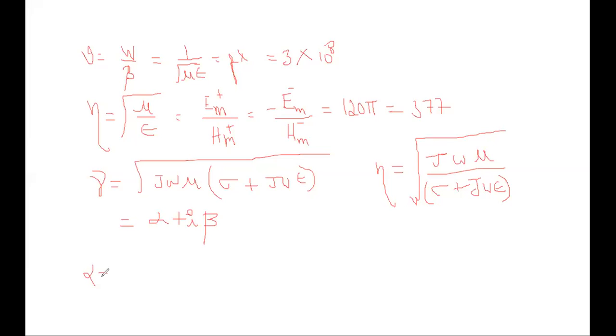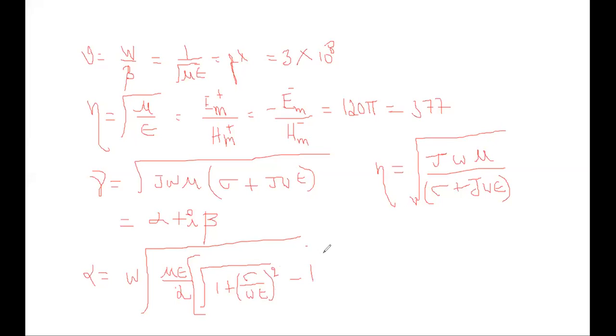In that, alpha is equal to omega times the square root of mu epsilon by 2, multiplied with the square root of 1 plus the ratio sigma by omega epsilon, whole square, minus 1.